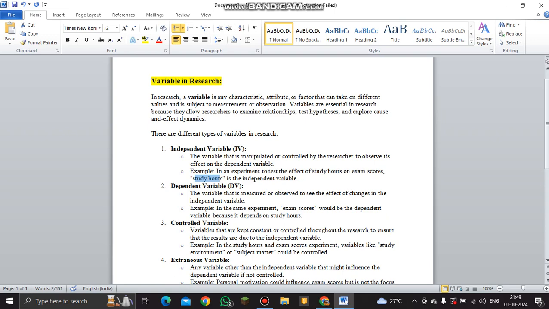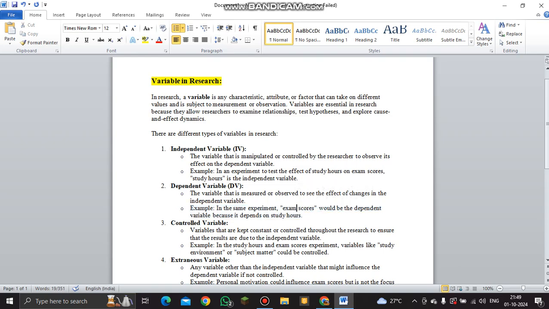For example, if you are raising the study hours, obviously the effect would be seen on the exam scores. If a student is studying more hours, he will get better marks. Right friends? So exam scores are basically the dependent variable whose effect can be seen.